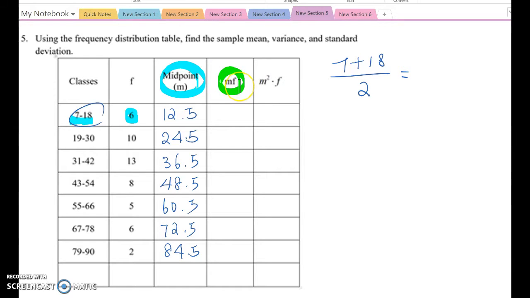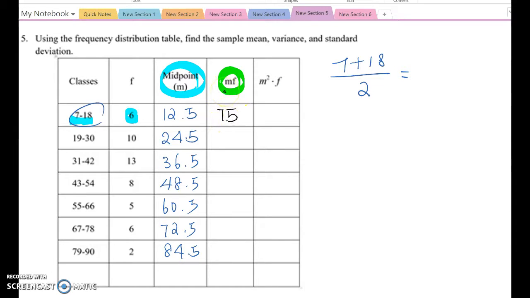So, m times f, which means each midpoint times each frequency. For the first class, 12.5 times 6, then you will get 75 here.